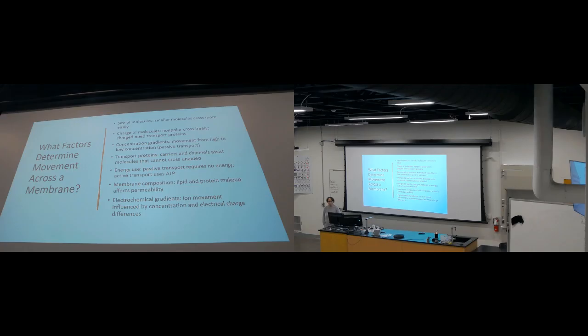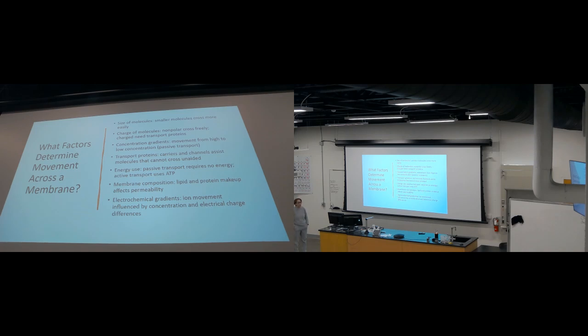Now, what factors drive the movement of molecules across the membrane? One factor is the size of the molecules. Smaller molecules cross more easily than larger molecules. They have more kinetic energy because they're smaller.